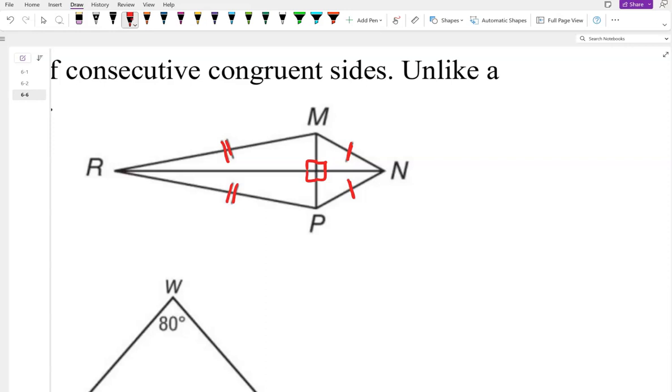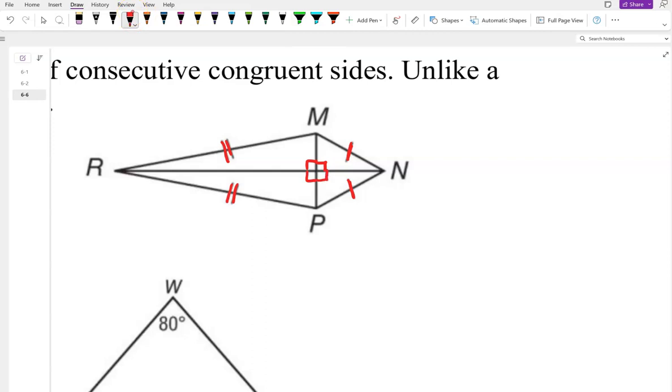Well, if I was to say, what is the measure of this angle right here, which would be that inside angle there, even if I don't put a number, I already know that angle is 90 degrees.